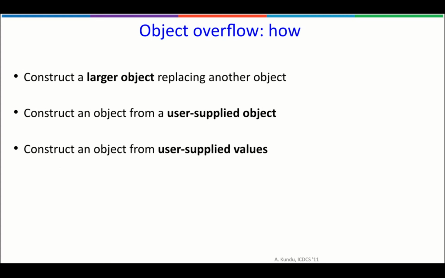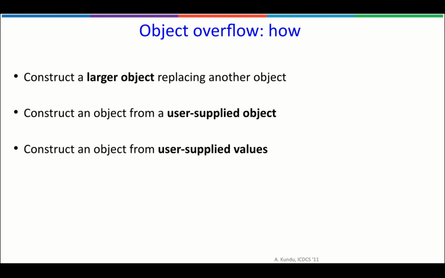Construct a larger object replacing another object. That means you have a smaller object, and the memory allocated to the smaller object is, let's say, 16 bytes, and you say I'm going to construct a larger object of 32 bytes, but it will start at the address of that object. So it is going to overwrite the 16 bytes following the previous object.